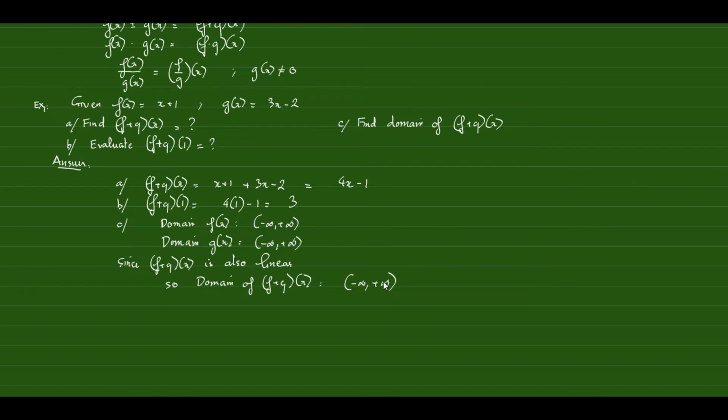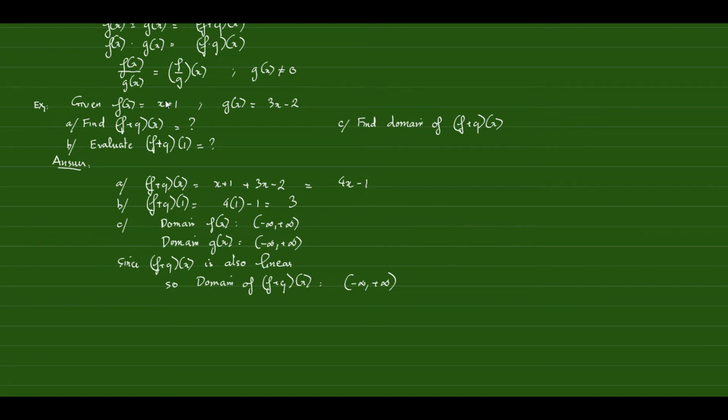Okay, so the domain of the sum or the difference will be the domain of each of them. But this still depends, because you have to find the domain of the sum right here. It is not always like that.